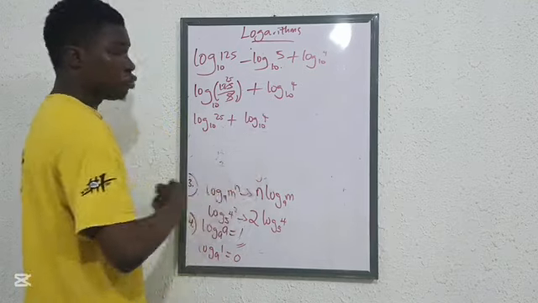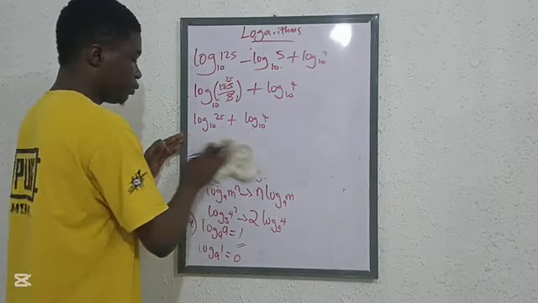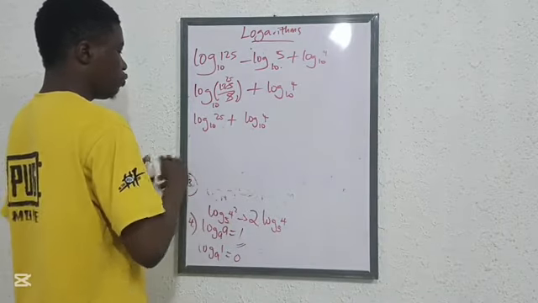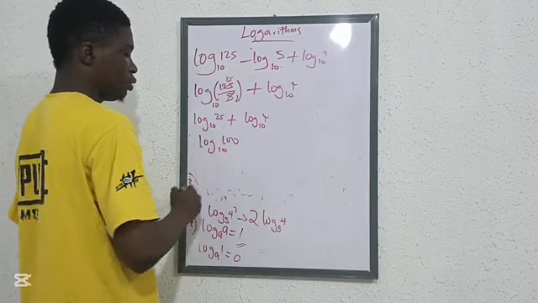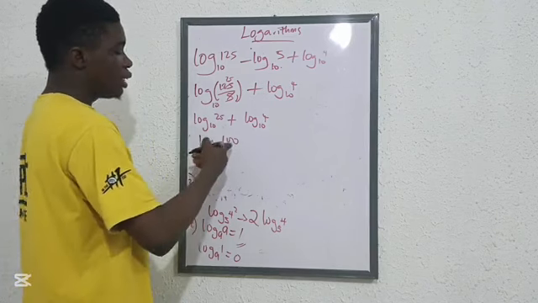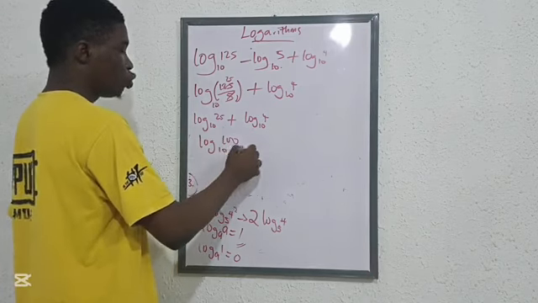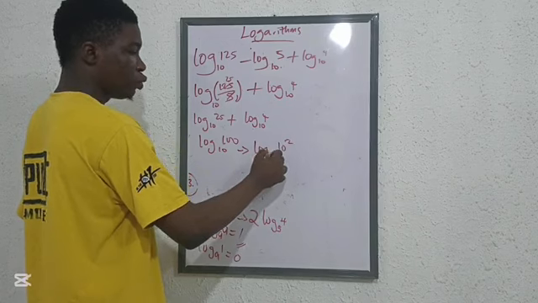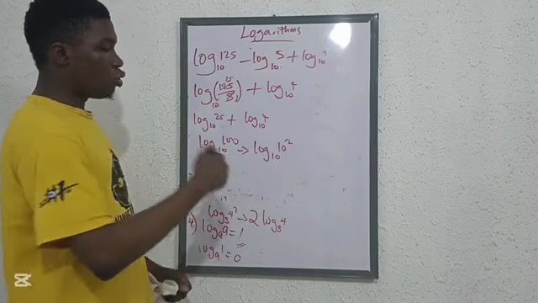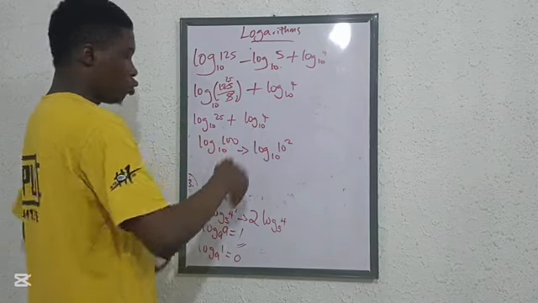Now what does it mean? You add, so you multiply them rather. If we multiply, we have log 100 base 10. Here we can see that 100 is 10 raised to power 2, so we have log 10 raised to power 2 base 10. And if you remember the law, the power can come to the front.